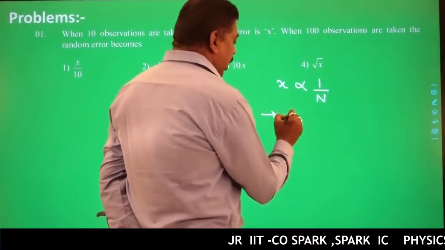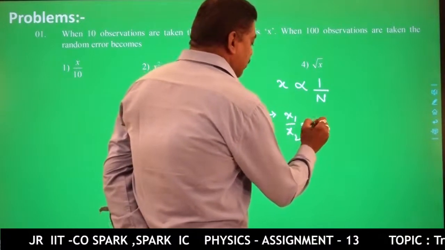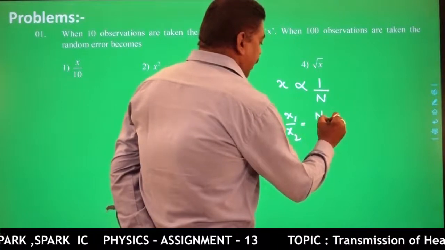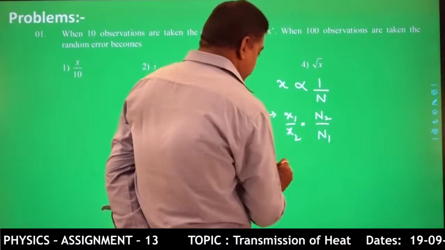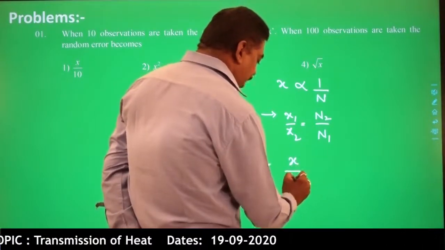From this we get x1 by x2 equals n2 by n1. It is given that x1 is x, and x2 you have to find.